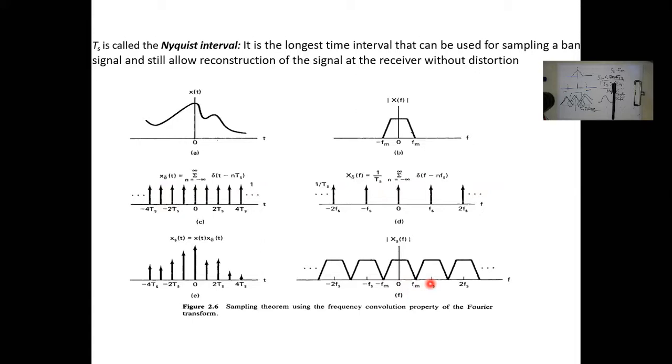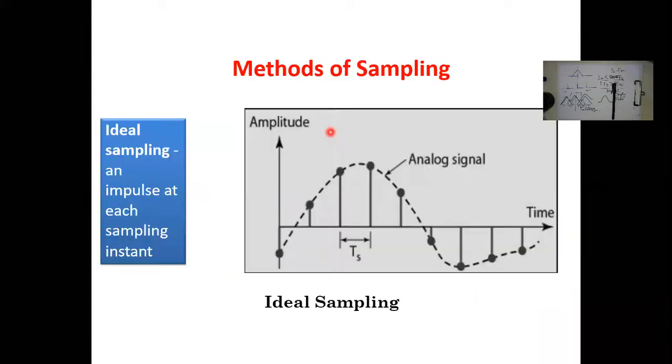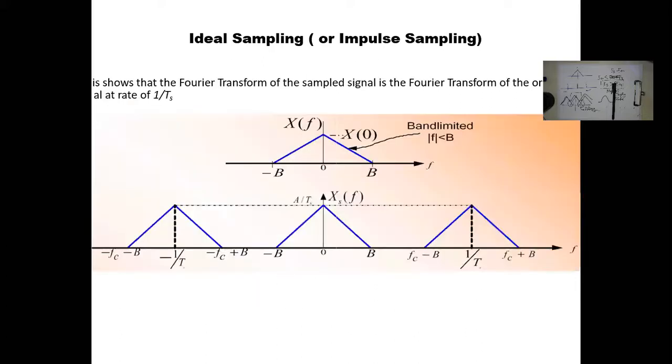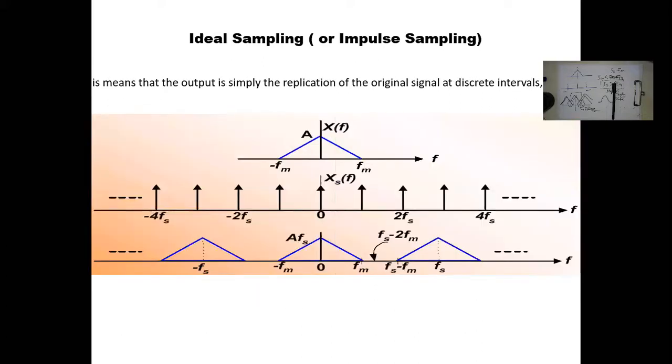Okay, so the next issue is, if you remember, starting from the first slide dealing with sampling, I told you that we are performing ideal sampling. Ideal sampling, you will find it everywhere in the slides. It is ideal because in order to perform this sampling, you need a train of impulses. And as you know, an impulse is a hypothetical signal.